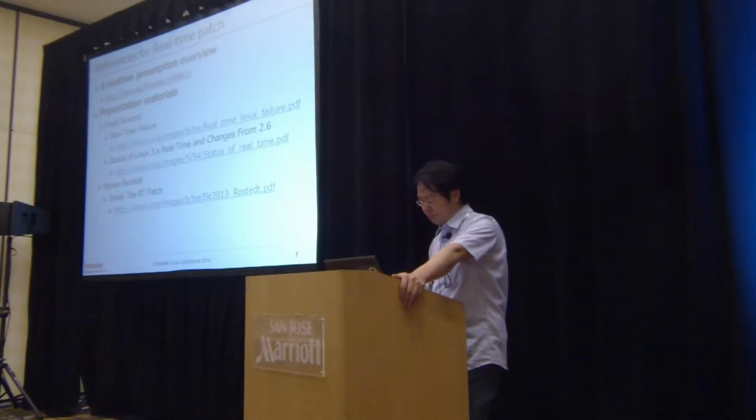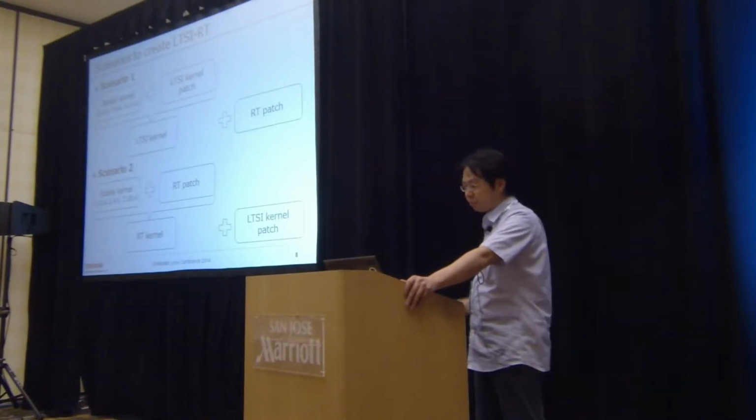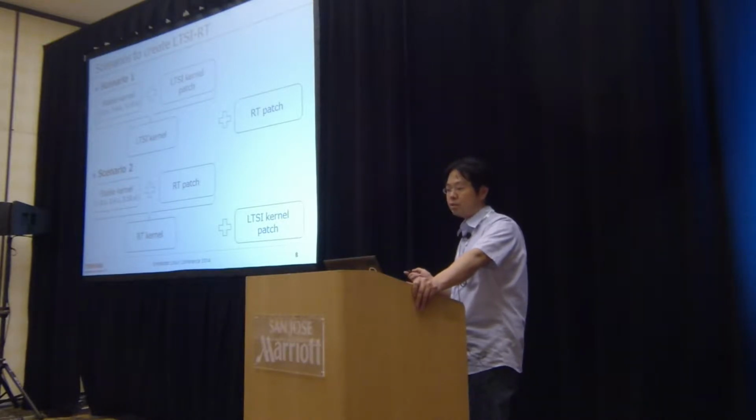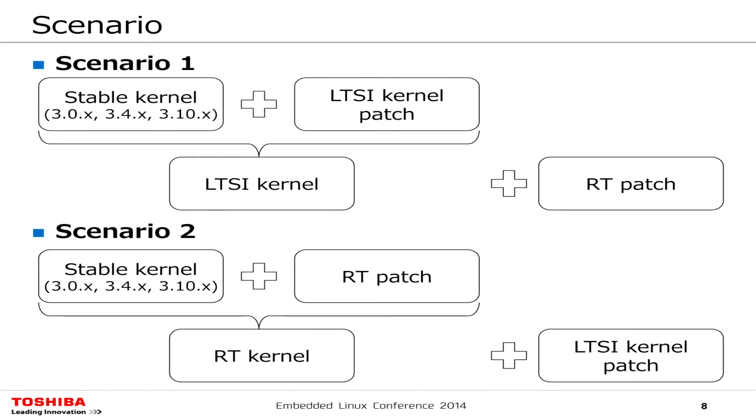So, there are 2 scenarios to create LTSI-RT kernels. The first scenario is to make the LTSI kernel first, then merge it with the RT patch. The second scenario is to create the RT kernel first, then merge the LTSI kernel patch.